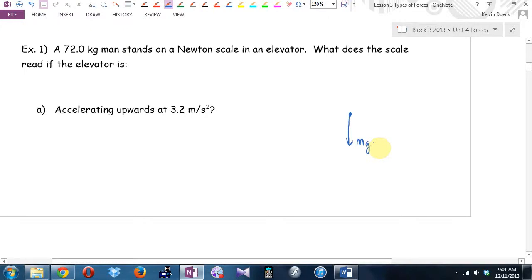No. So there must be at least some other force up. Which way is this person accelerating? Up. So the winning force, the longer force, must be up. What force is that? The floor that they're standing on. What do we give as the name to that force from the floor they're standing on? Fn.